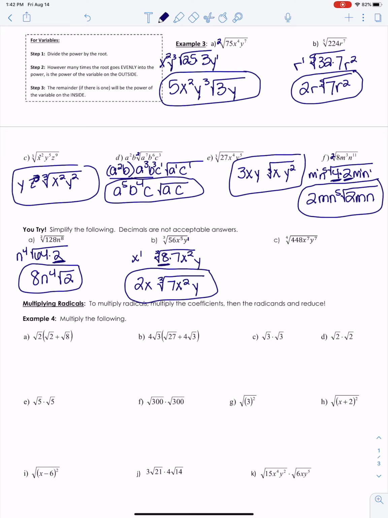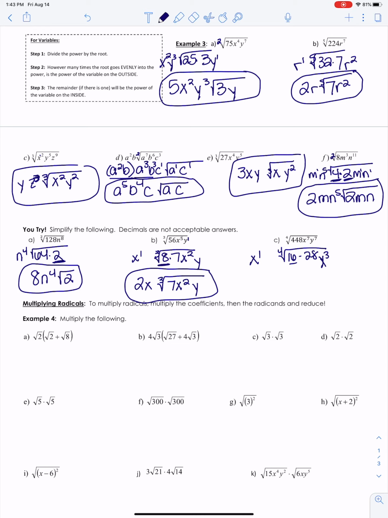For C, if I'm trying to find a perfect fourth that will go into 448, that's going to be 16 and 28. 16 is a perfect fourth. So for my x, 4 goes into 7 one time with the remainder of 3. Oops, that should be an x.